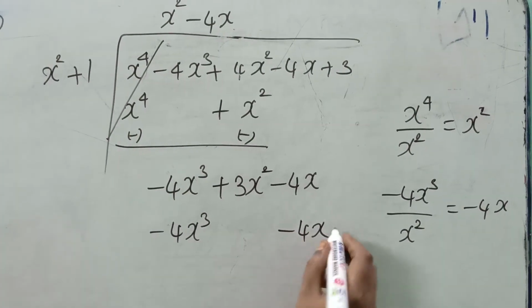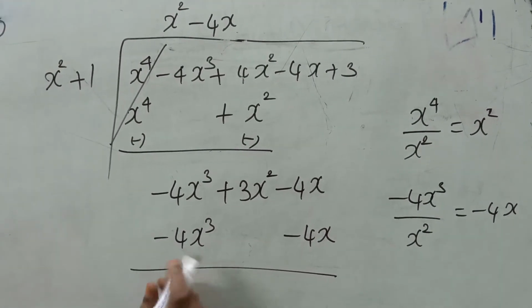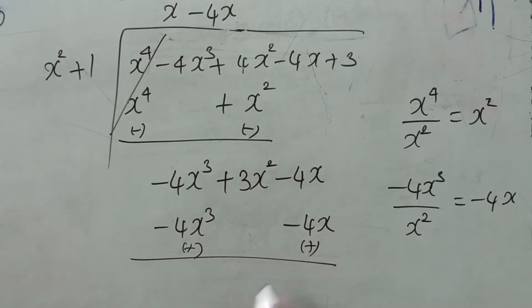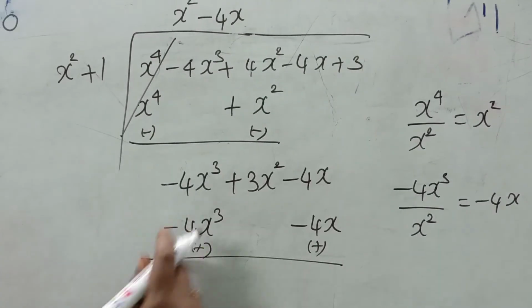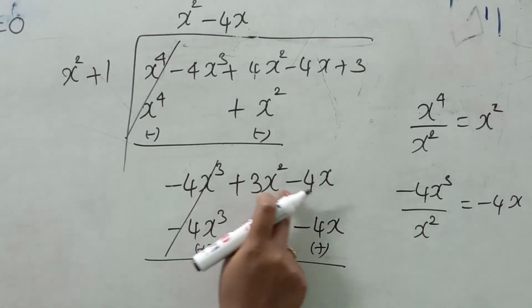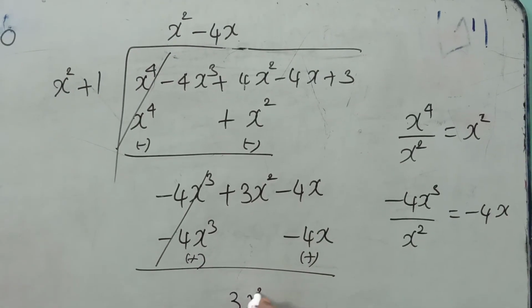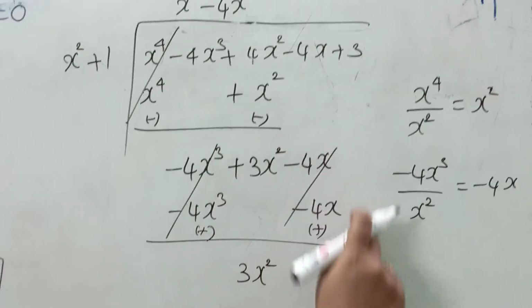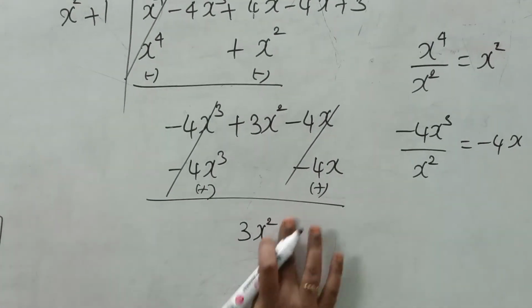That I write in the coefficient of x place. Changing the symbol, minus become plus. Then minus become plus. Minus 4x cube plus 4x cube 0. Here nothing is there, therefore 0. 3x square minus 0, 3x square. Minus 4x plus 4x is 0. Then take out the last term plus 3 here.